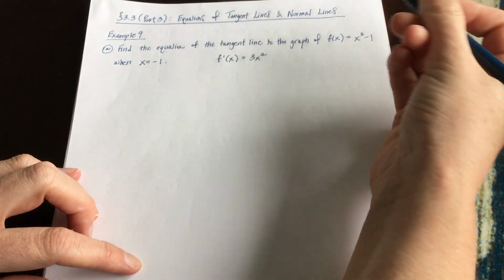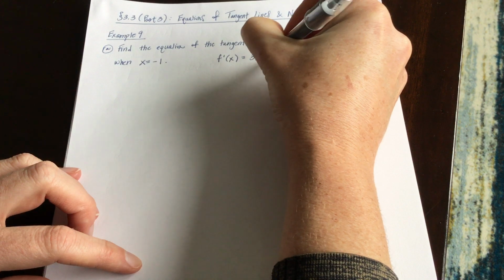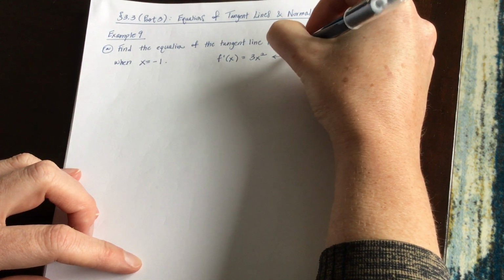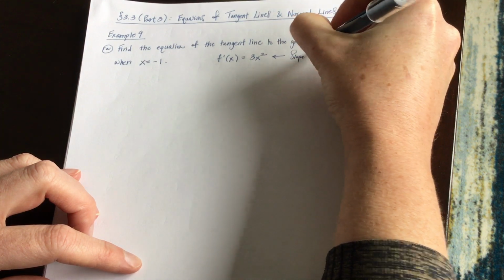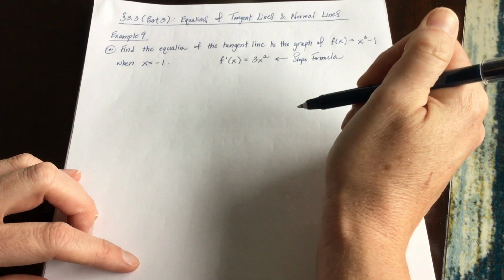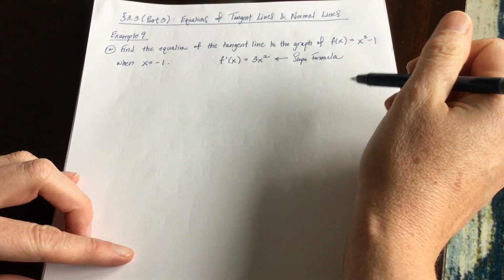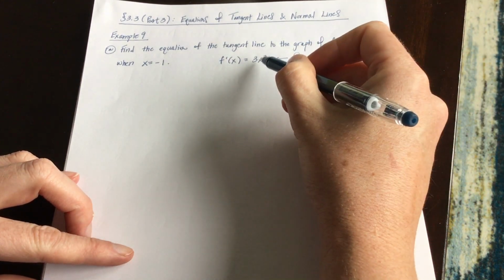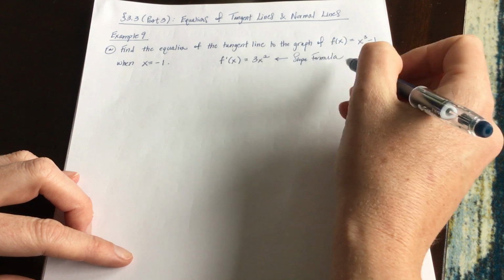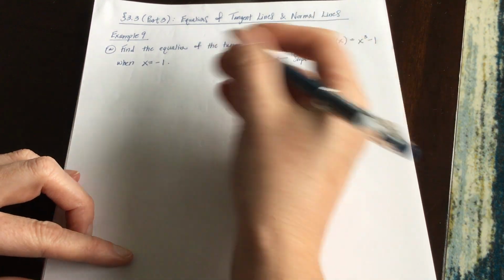Now, let's think about what this is for. This, my friends, is a slope formula. It isn't your slope, it's a slope formula. You'd have to put the right x value into it, though, to get the slope. So we care about the slope of the tangent line when x is negative 1.